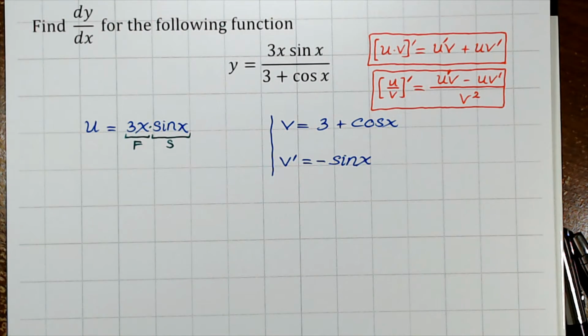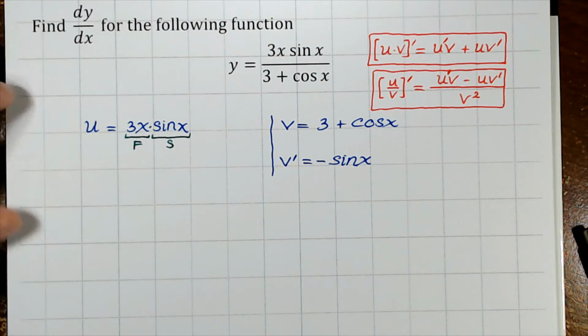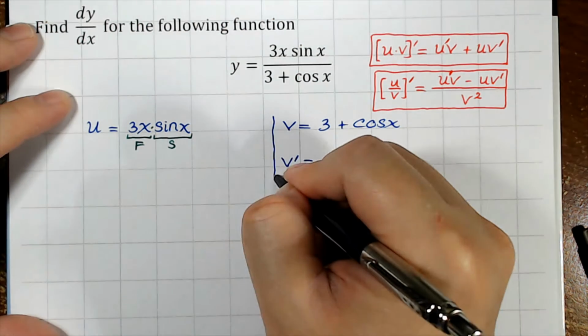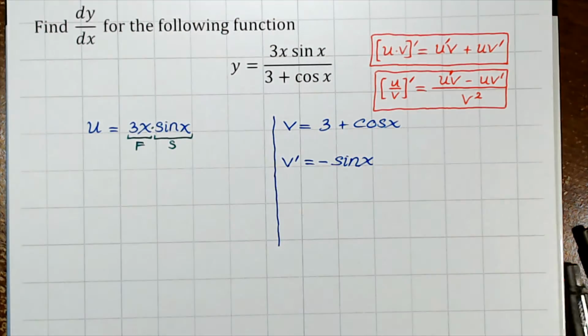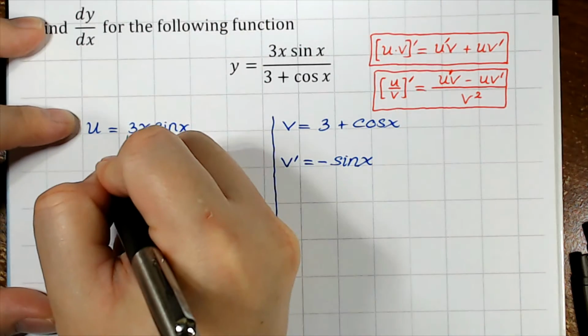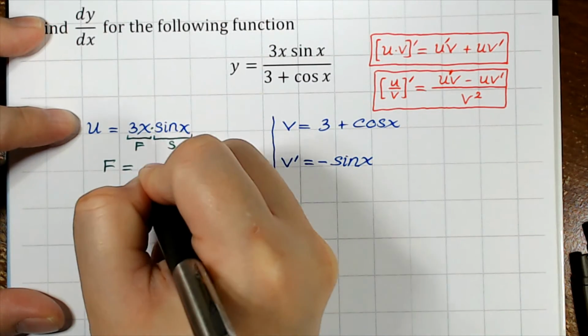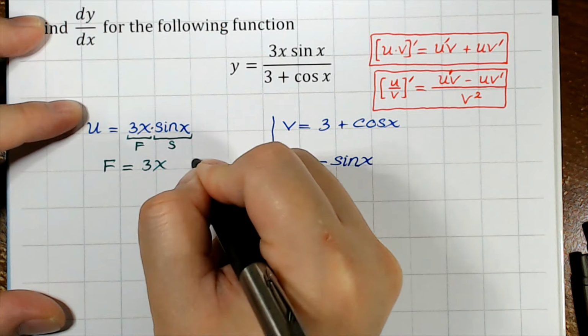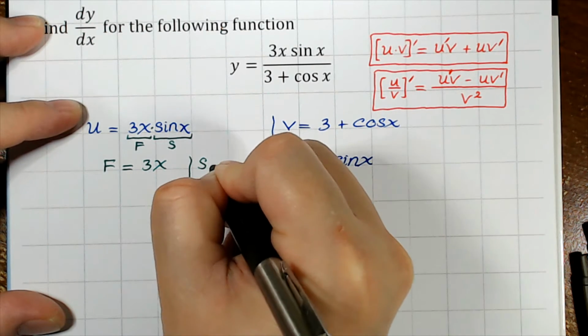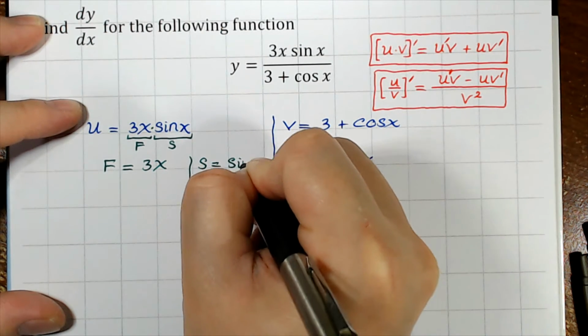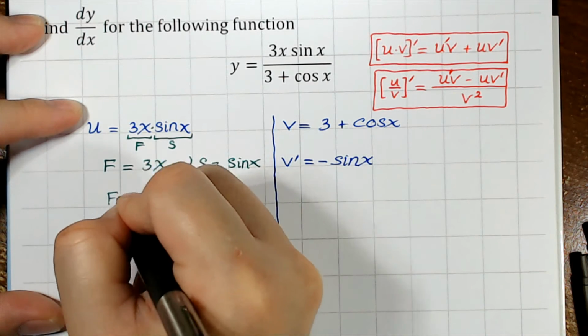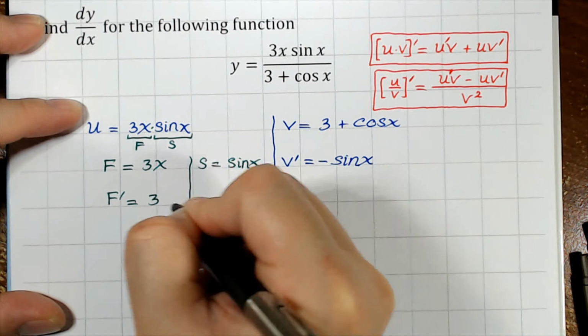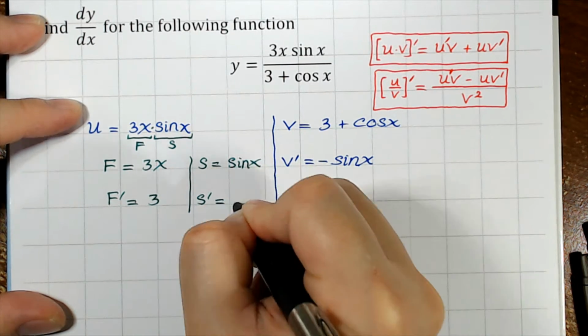That also works. So we say the first function is 3x. The second function is sine x. Derivative is 3. Derivative of sine x is cosine x.